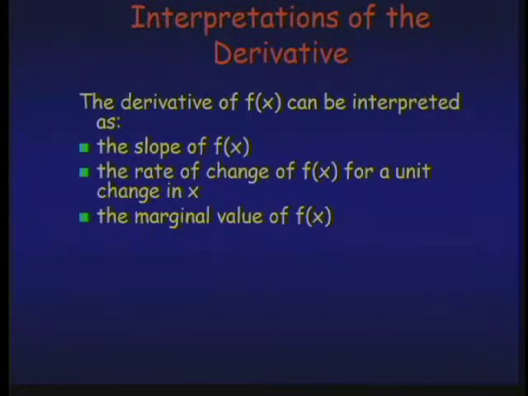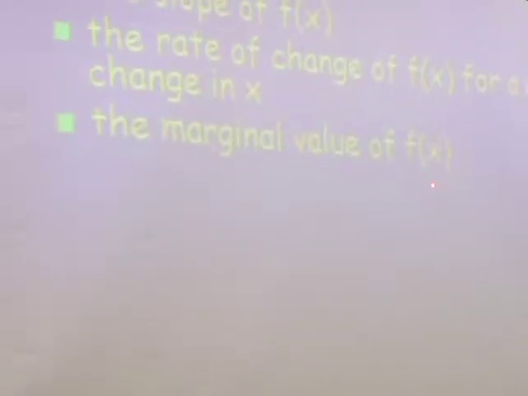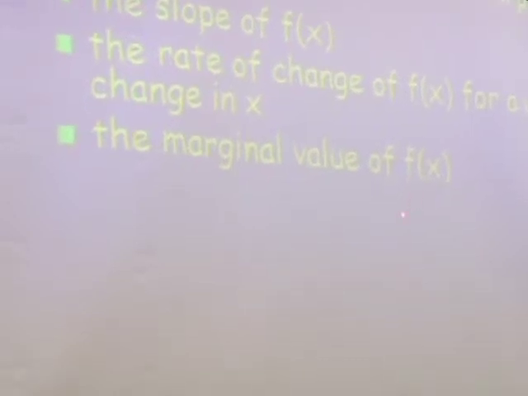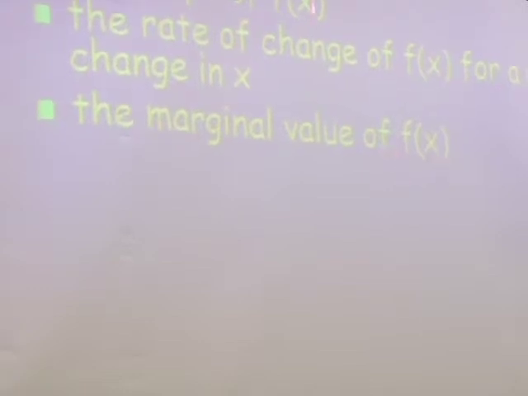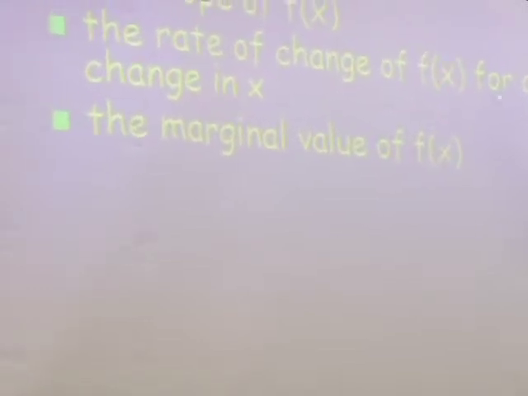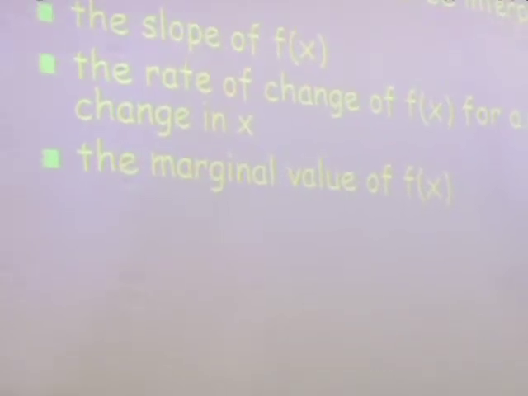Or in economic and financial applications, you might think of it as the marginal value of x. You'll see this term, marginal value of x. So if you've had no economics or finance before, this is a new term. And it always means the derivative of f of x, and therefore, it always means the rate of change of f of x for a unit change in x.